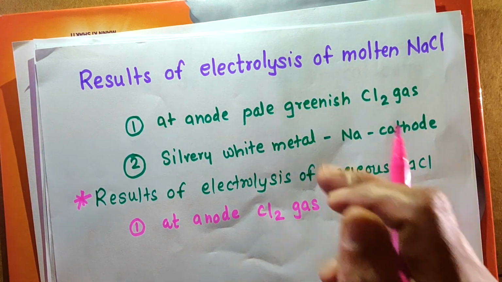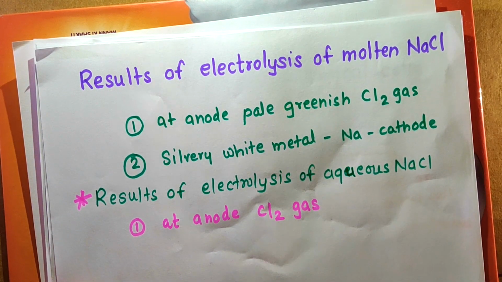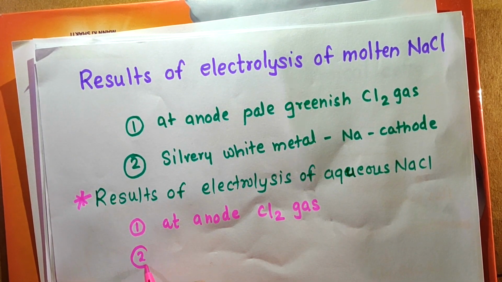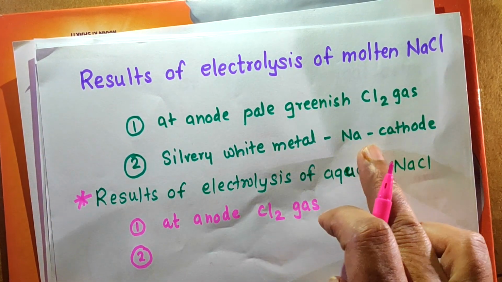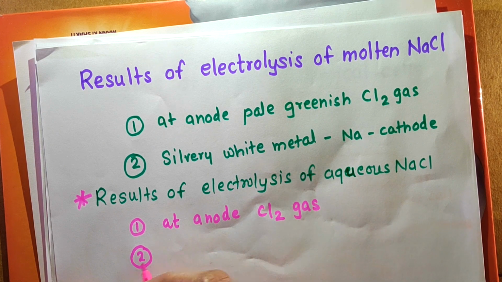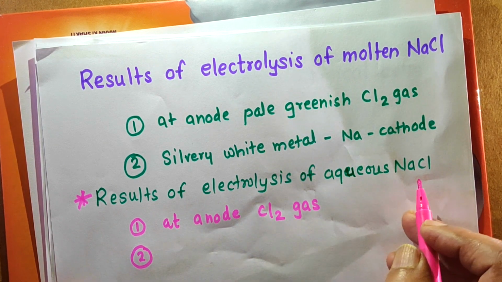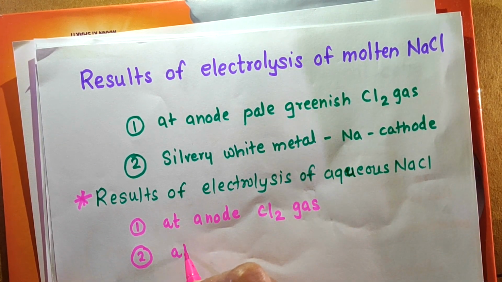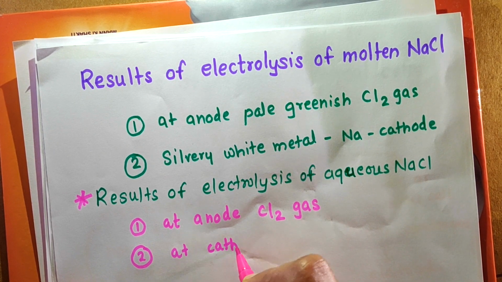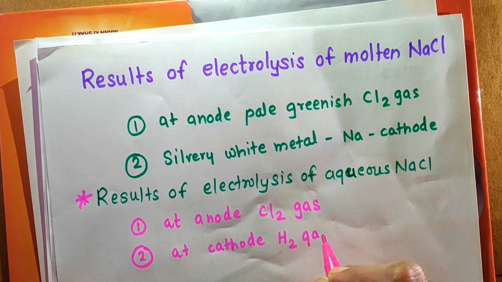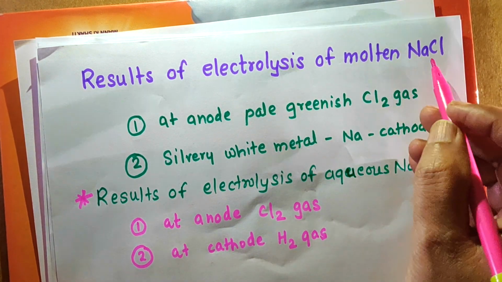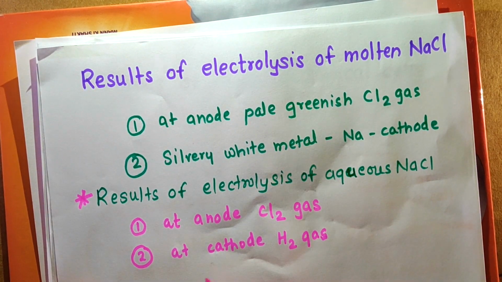Remember here, the same thing is at anode we can obtain Cl2 gas, but at cathode in molten NaCl we obtain silvery white metal, that is sodium metal, but in electrolysis of aqueous NaCl at cathode we will obtain hydrogen gas. This is the difference between electrolysis of molten NaCl and aqueous NaCl.